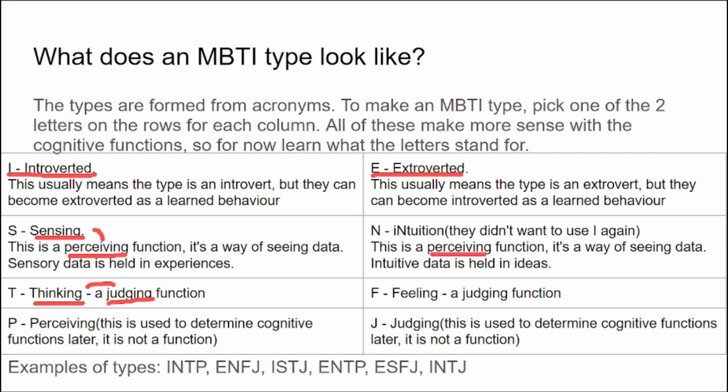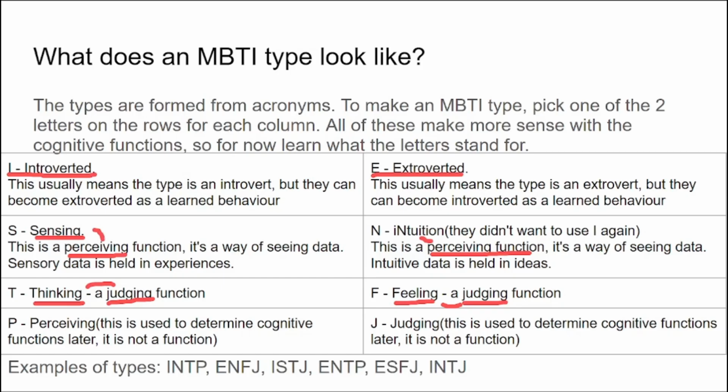Intuition is a perceiving function. Feeling is a judging function. I'm going to very quickly go over what this means. So sensing is perceiving because it's when you see things in your environment. Let's say, for example, the poster example.